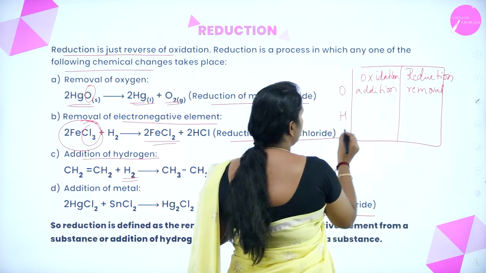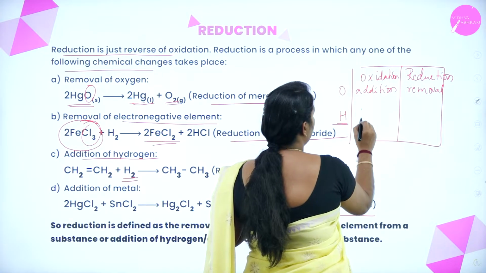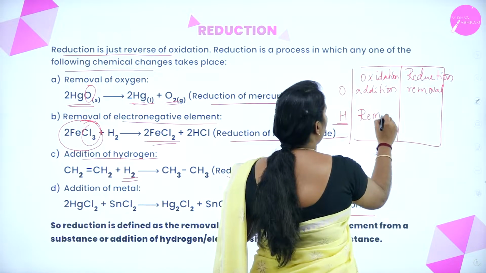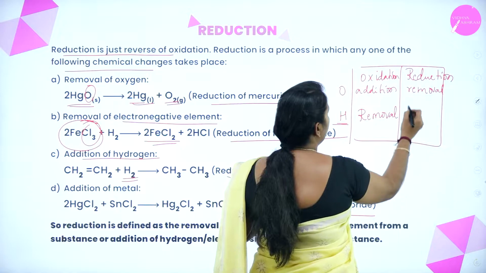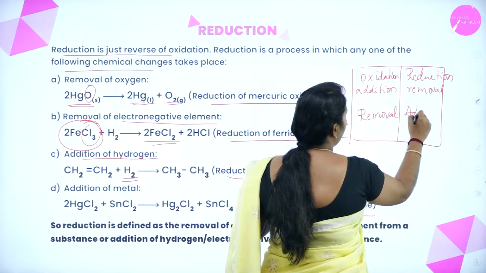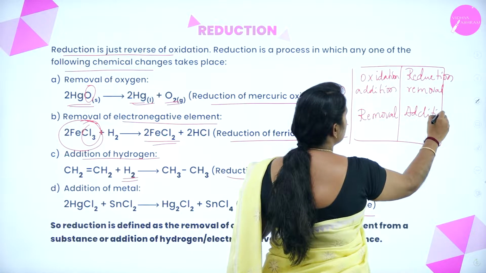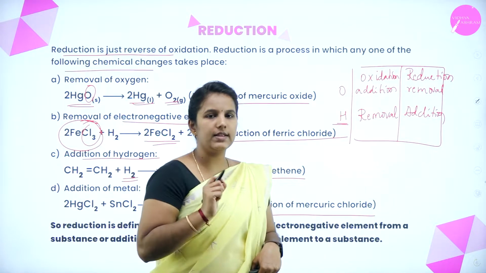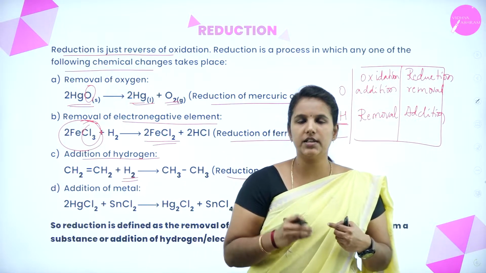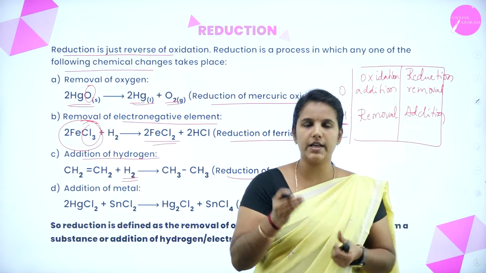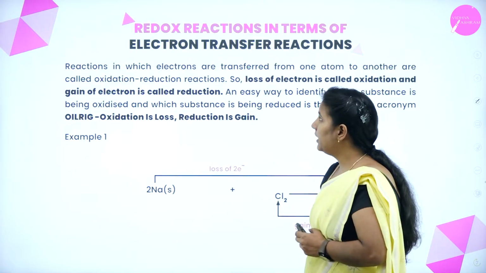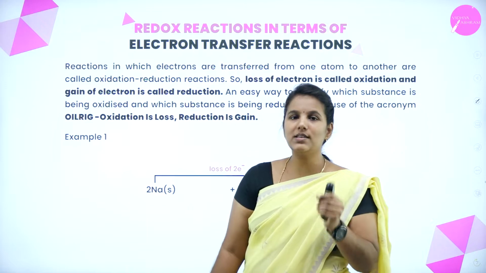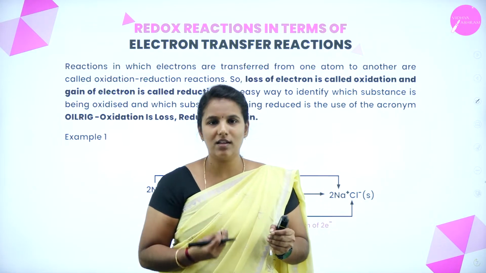In case of oxidation, if I talk about hydrogen, it is a removal of hydrogen. In case of reduction, an addition of hydrogen is known as reduction. This is how we can easily remember oxidation and reduction in terms of oxygen as well as hydrogen.